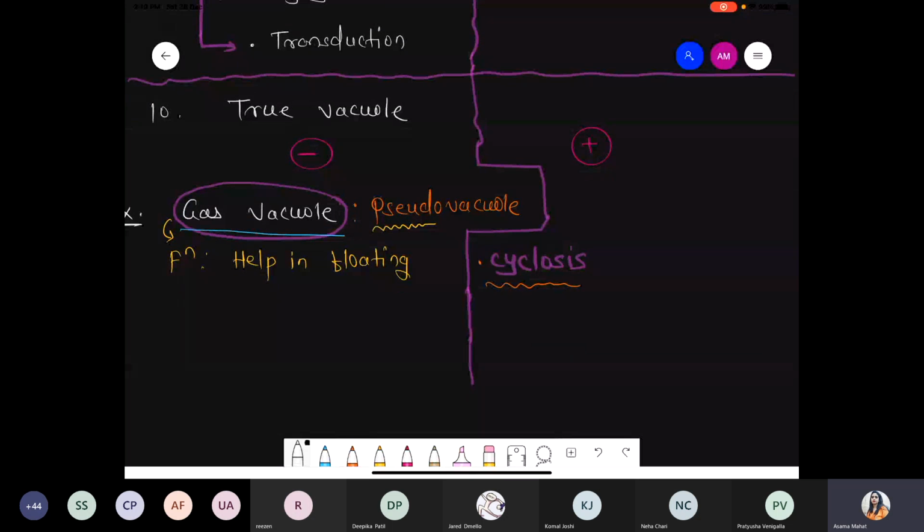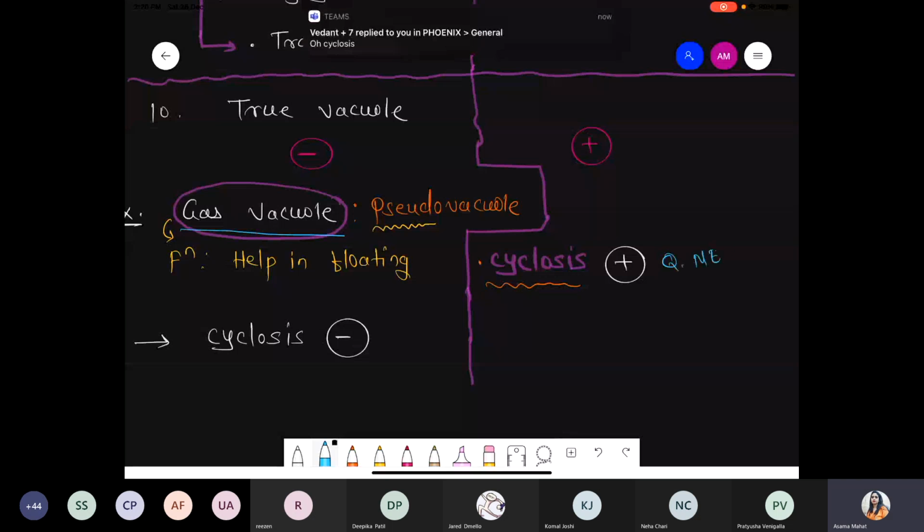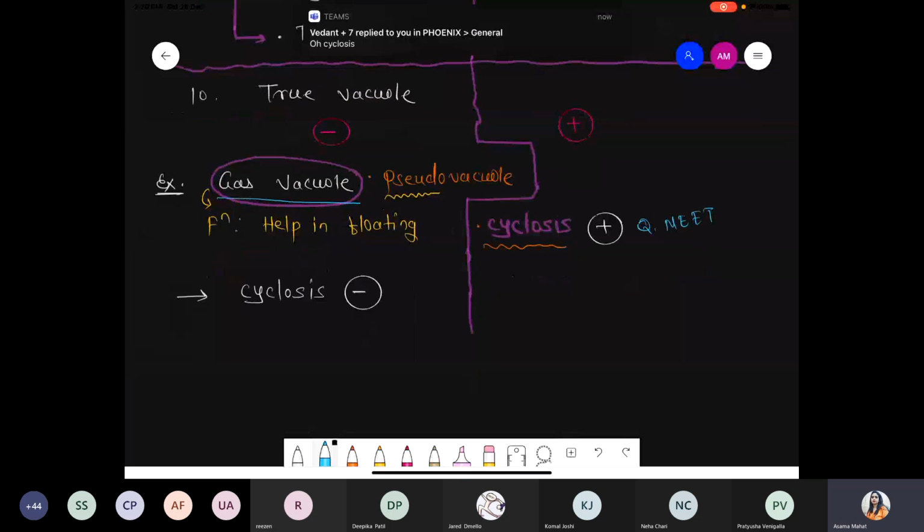First we saw that true vacuole is absent in bacteria, and the cyclosis process is also absent in bacteria, while cyclosis is present in the eukaryotic system. So quickly tell me, what is the meaning of cyclosis?